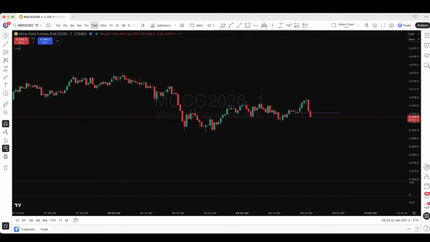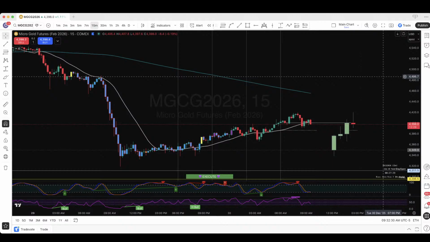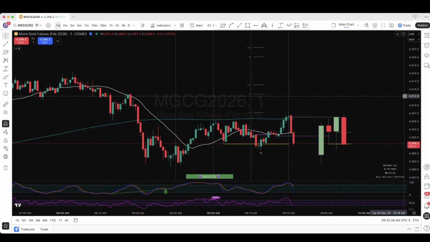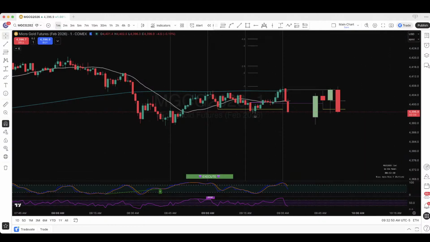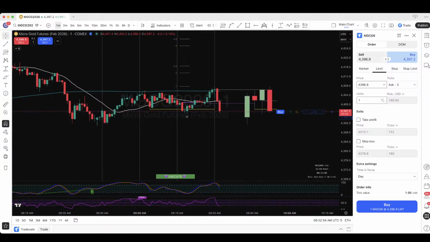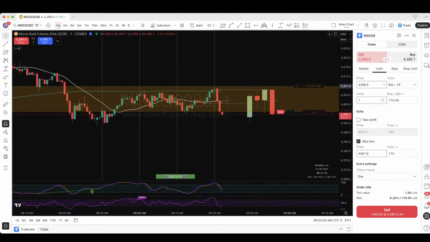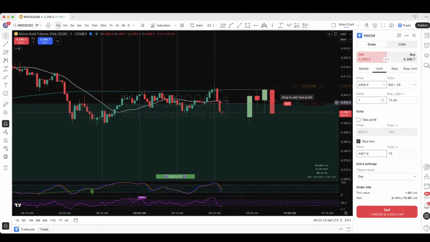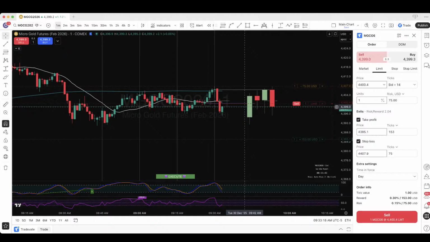This gold setup is looking all right. It would be like that.